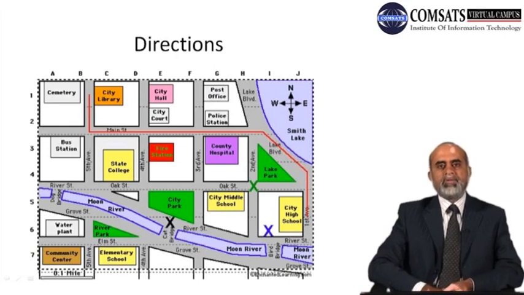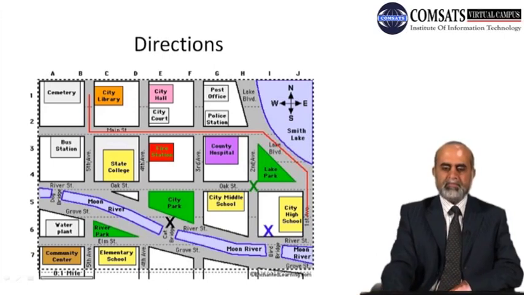Now, of course, it would be very interesting if you work in pairs and you have a map like this in front of you, and one of you asks how to get to some place and the other person guides with complete directions. Okay, let's move on.